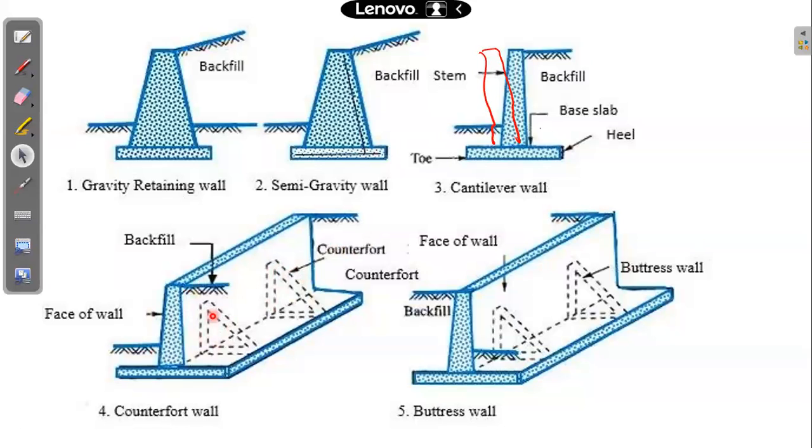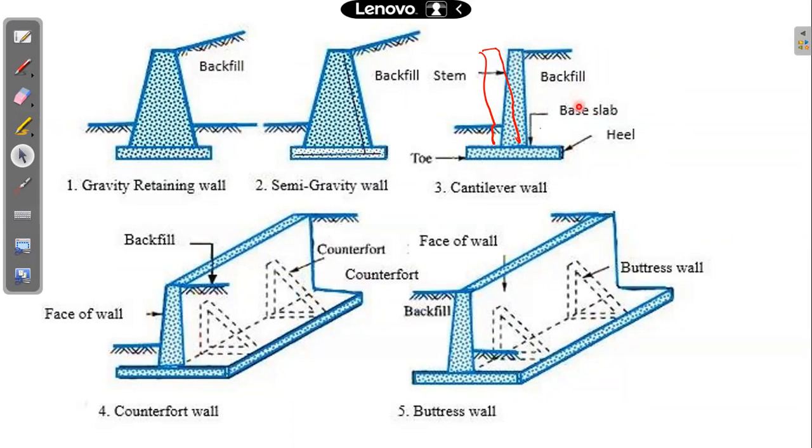Another type is just the opposite of the counterfort type of retaining wall: the buttress type of retaining wall. The difference you find is in the soil which we fill, which we call the backfill. Once I construct this retaining wall, I'll be filling soil on one side of it.